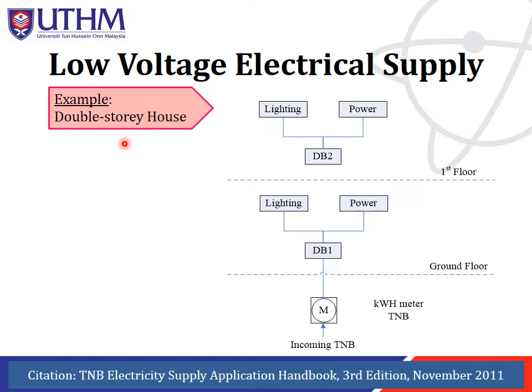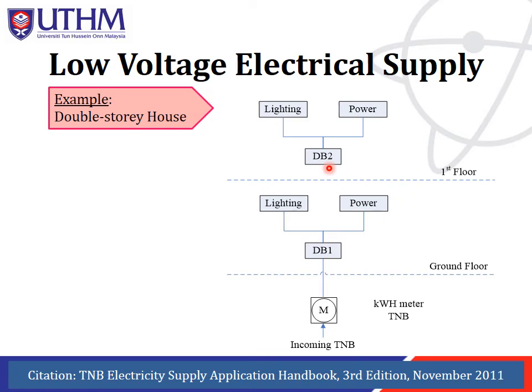Okay, this is the low voltage electrical supply, for example for a double story house. We can see here from the incoming TNB, we go through the kilowatt hour meter TNB, and then from the kilowatt hour meter we go to the first distribution board at the ground floor. From the distribution board we connect to the lighting and also power.